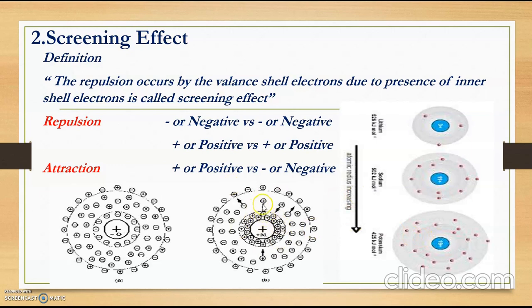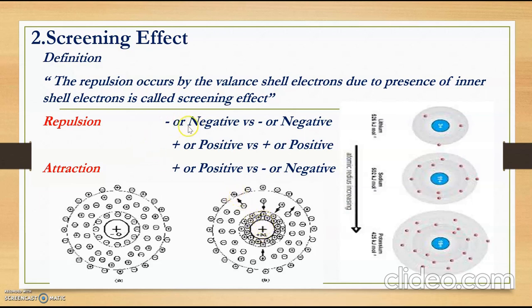This diagram shows the valence shell electrons carry negative charge, and the inner shell electrons also carry negative charge. Electrons always carry negative charge and the nucleus carries positive charge, so these negative charges repel each other. As a result, the attraction between this negative charge and the nucleus is less.